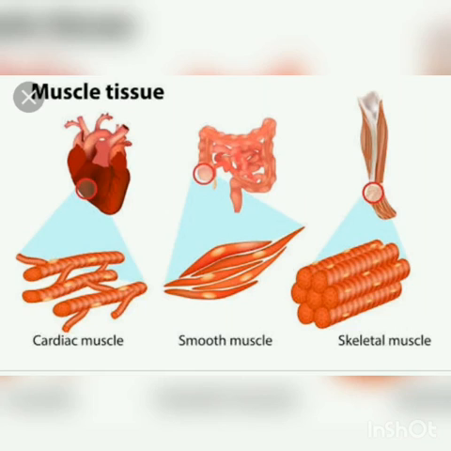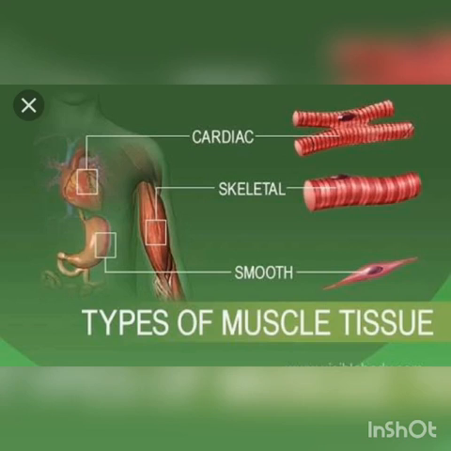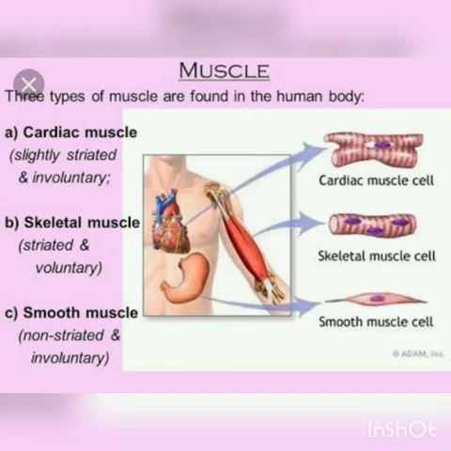There are three types of muscles: skeletal muscle, smooth muscle, and cardiac muscle. First we see what is skeletal muscle. The skeletal muscle tissue is closely attached to the skeletal bones. In a typical muscle such as the biceps, the striated or striped skeletal muscle fibers are bundled together in a parallel fashion.